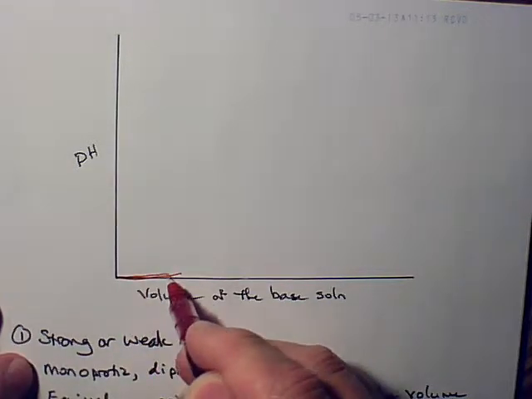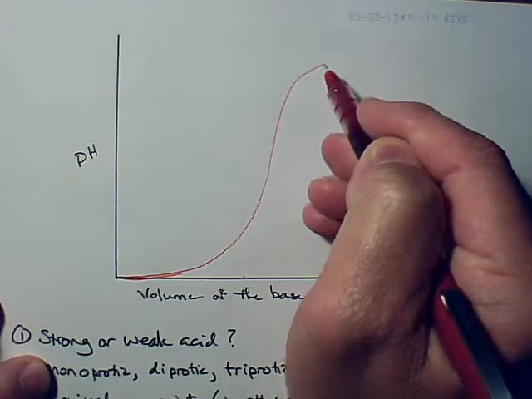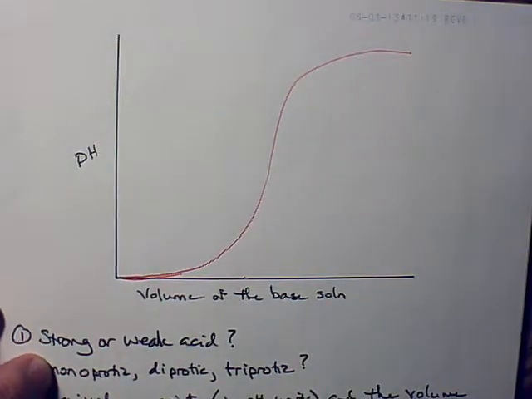Alright, so if I have a graph that starts out like this and does this thing right here and does that right there, I can tell a lot about that acid just from that shape.